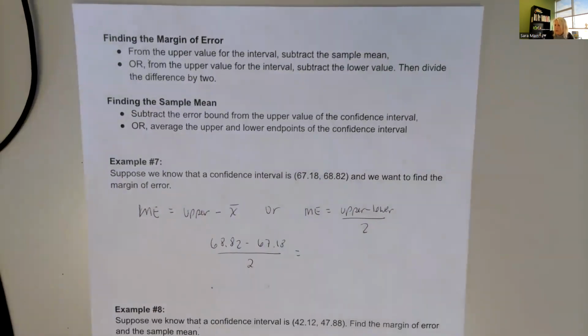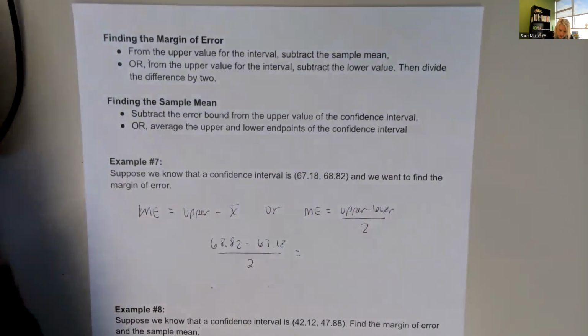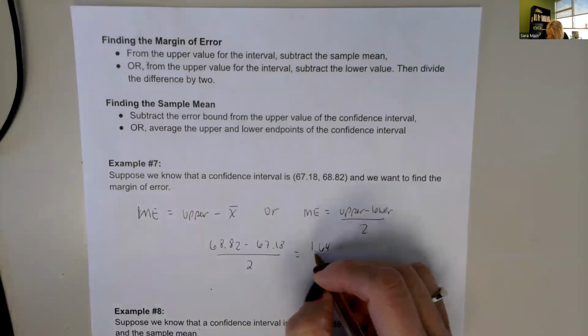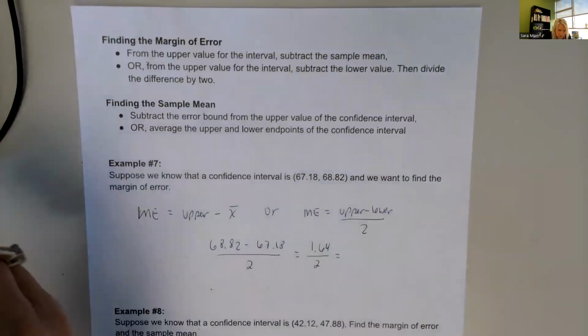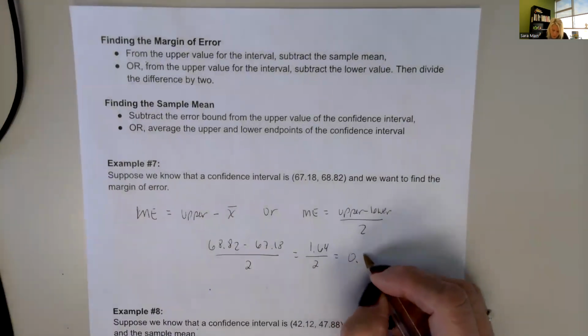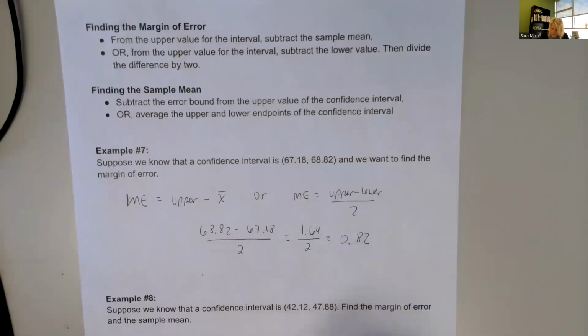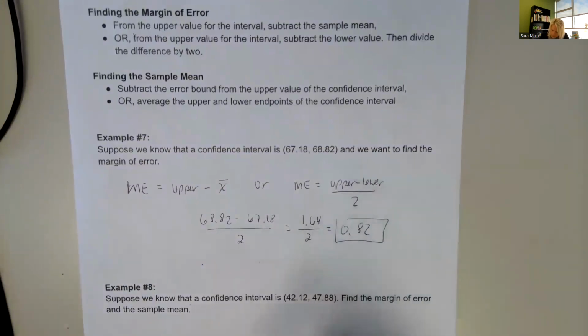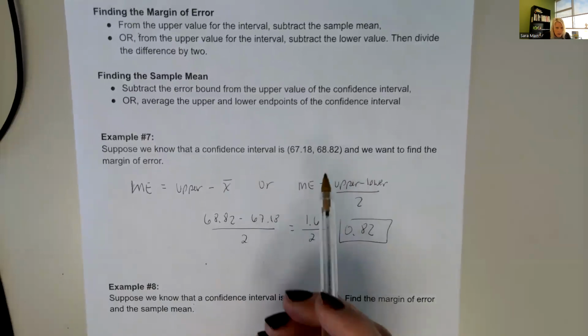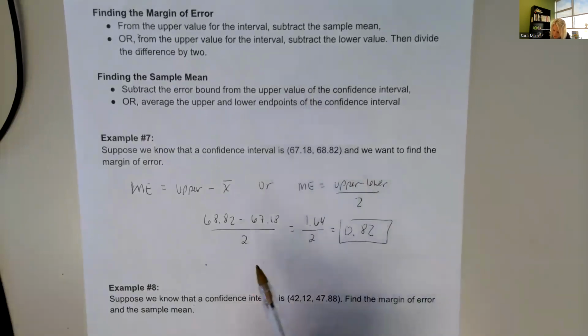And so when we go to Desmos, the difference is 1.64 divided by 2, which is 0.82. We could also find our sample mean if we wanted.